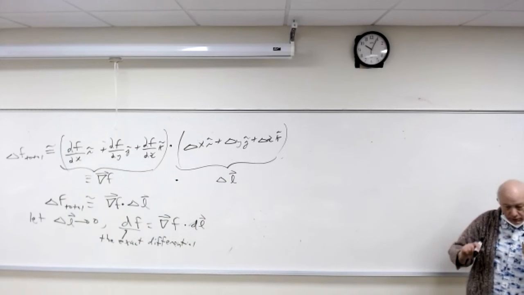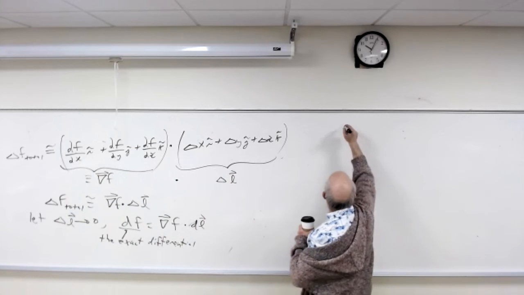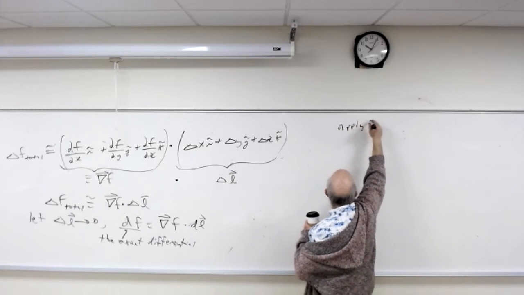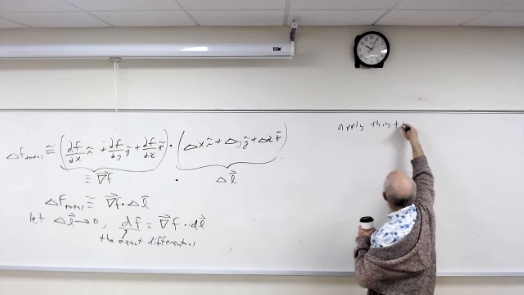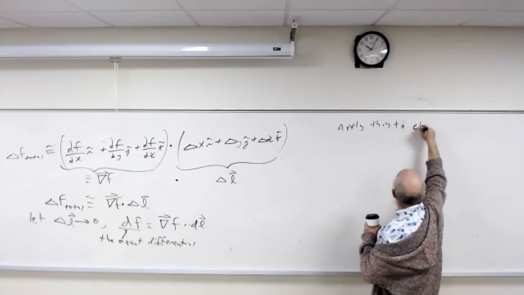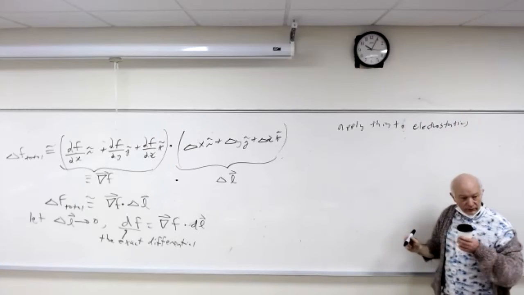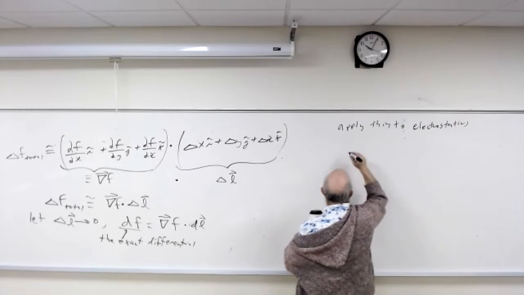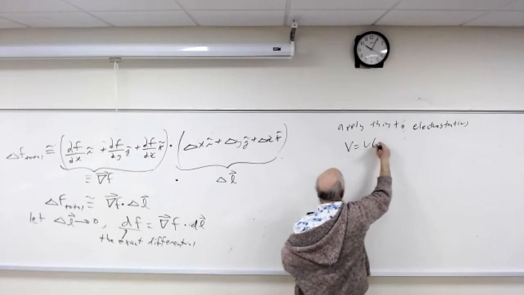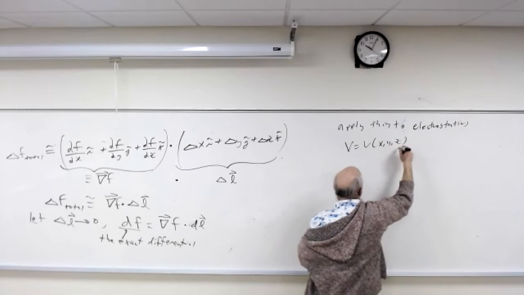Okay, now let's apply this to our case. We're going to apply this to electrostatics. So we have this voltage here, and the voltage is a function of x, y, and z.